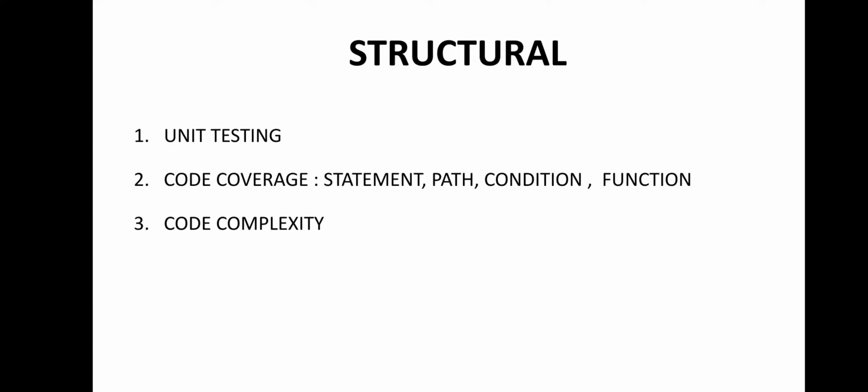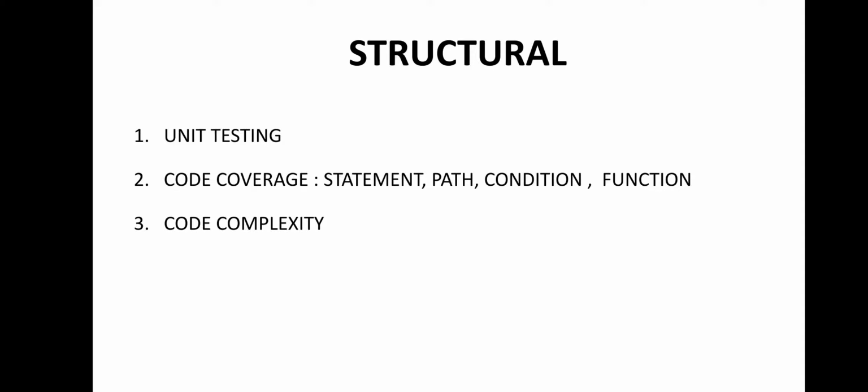Then a new thing that is applied here in code complexity is known as cyclomatic complexity. Cyclomatic complexity is basically a kind of metric that quantifies the complexity of a program and thus provides answers to the two questions that I stated just 2 minutes ago.